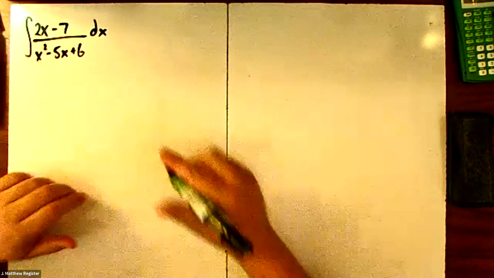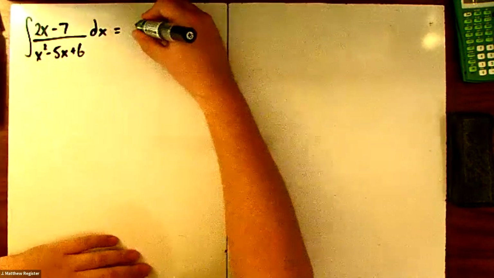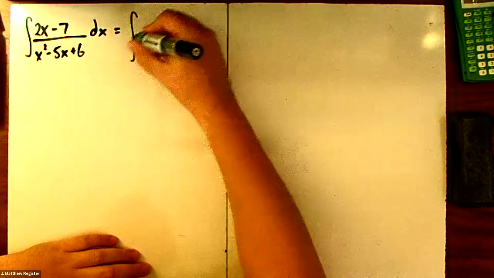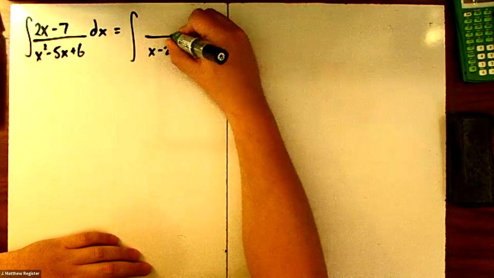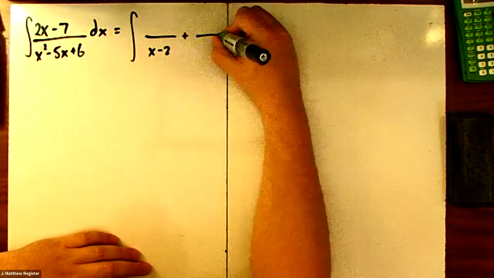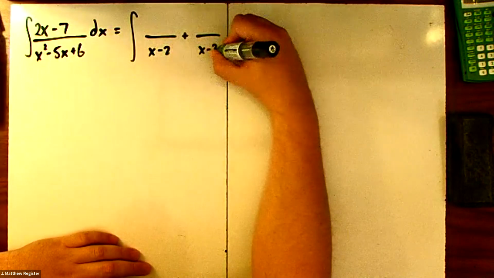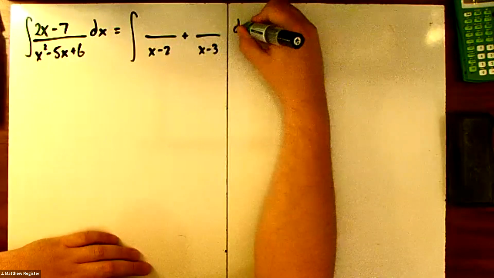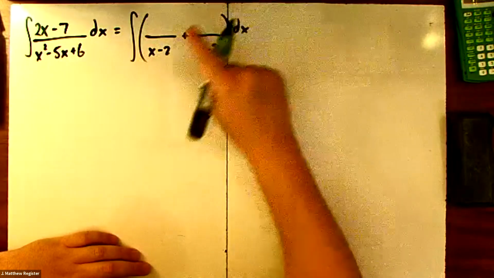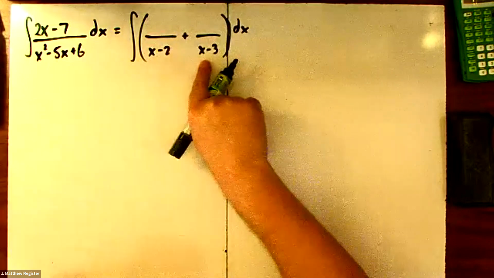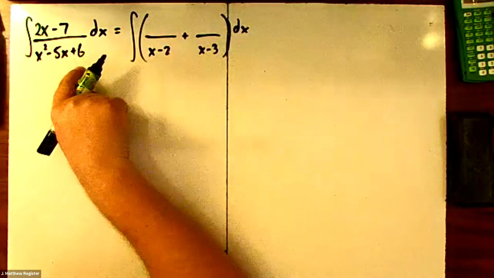And so we know that we can rewrite this as the integral of something over x minus 2 plus something over x minus 3, because we know that x minus 2 times x minus 3 is x squared minus 5x plus 6.